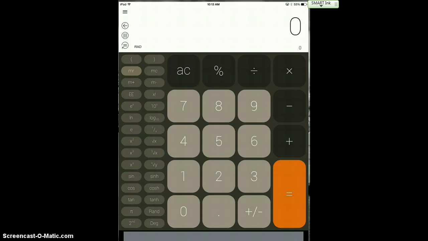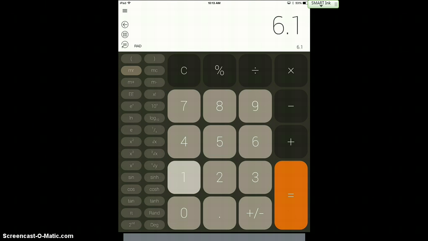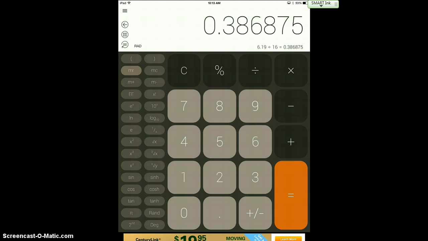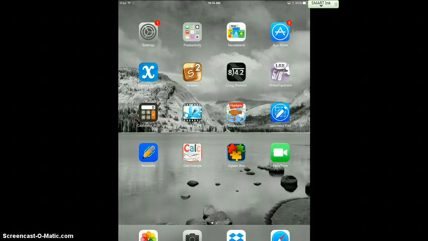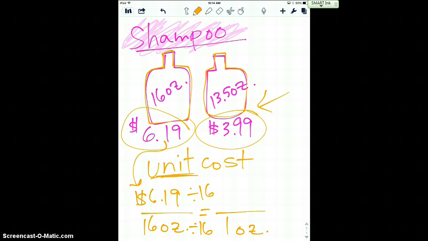So on my calculator, I'm taking $6.19 divided by 16. How much money is that? I'm going to round to the nearest cent. The 6 is 5 or above, so I'm going to give the 8 a shove, and I'm at about 39 cents per ounce. So I'm going to write that in here. This is 39 cents per ounce.